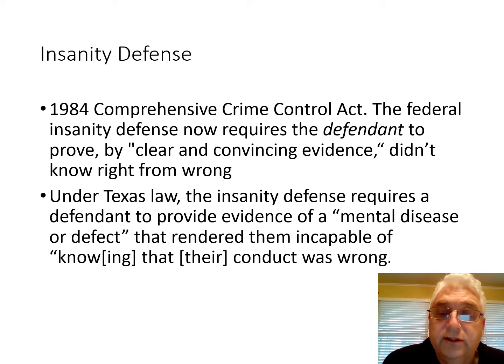Essentially, in 1984, for all federal crimes, McNaughton is now the standard. Today in Texas, under Texas law, the insanity defense requires a defendant to provide evidence of a mental disease or defect that rendered them incapable of knowing that their conduct was wrong. So essentially, Texas has never really veered too far from McNaughton, and we're back to McNaughton now.